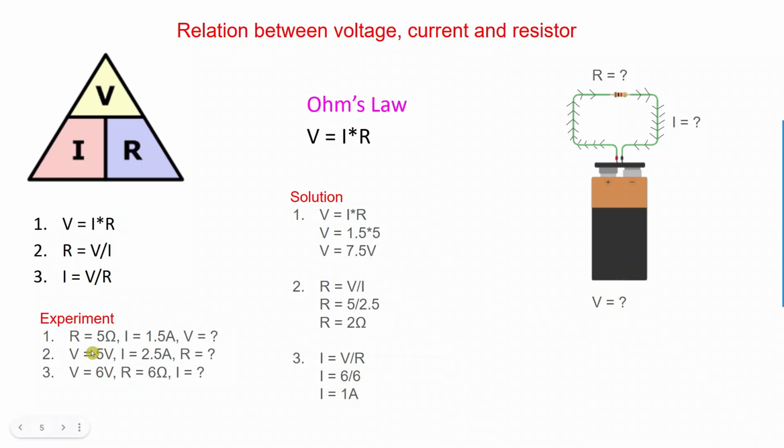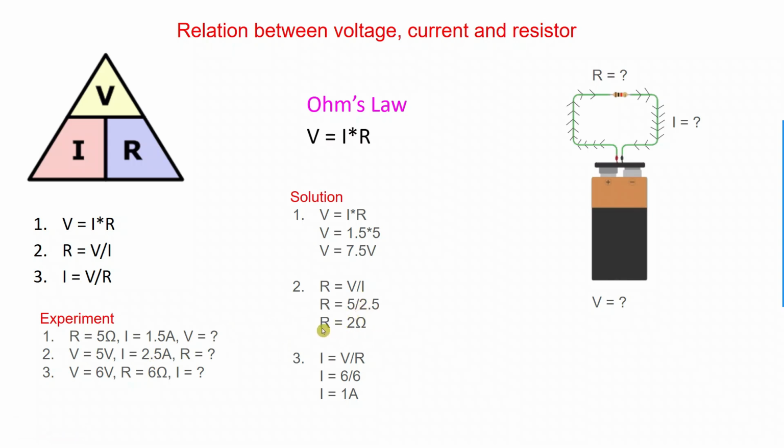The second combination is R equal to V by I. In this combination we know V and I, and we have to calculate the value of R. So R equal to V by I. R equal to V, which is 5 volt, divided by I, which is 2.5, equal to 2.